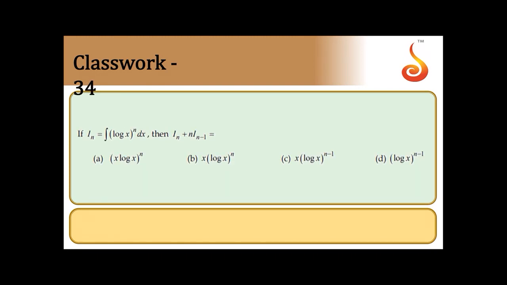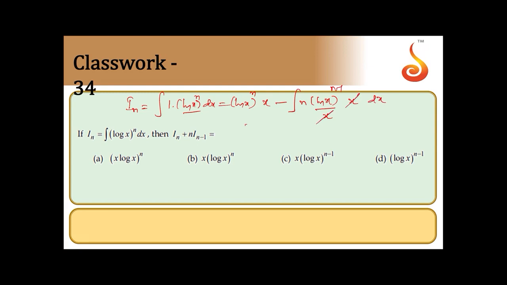Coming to the next one. In is equals to integral of log x to the power of n. Then In plus n times In minus 1 is equals to how much? In can be written as integral of 1 into log x to the power of n. Taking 1 as the second function and log x to the power of n as the first function, the integral of 1 is x, minus integral of the derivative of log x to the power of n, which is n into log x to the power of n minus 1, times log x derivative 1 by x, into x dx.